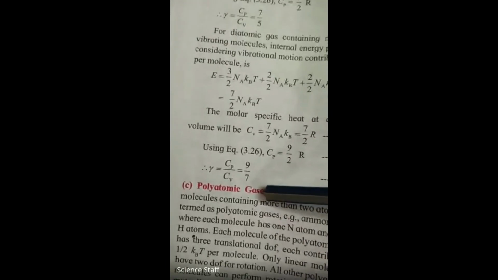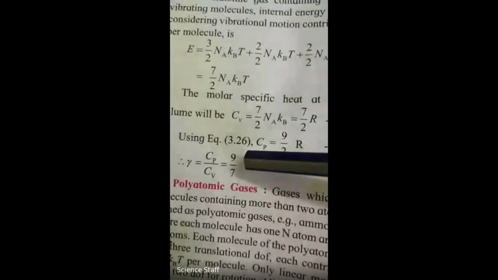Monoatomic 5 upon 3 and for diatomic 9 upon 7. This much easy part is there. Now, after studying the part up to this, then the polyatomic gases.